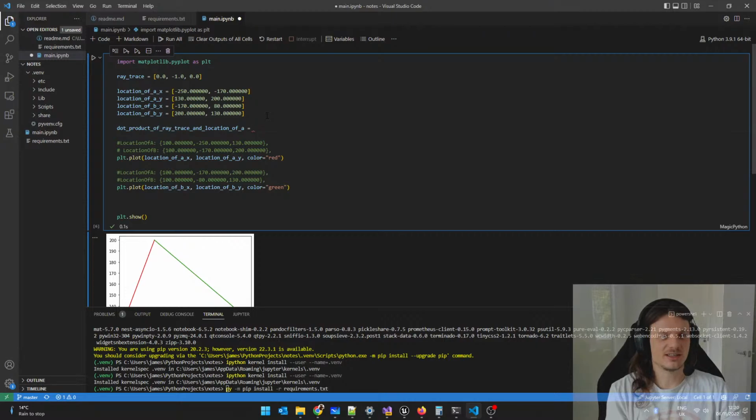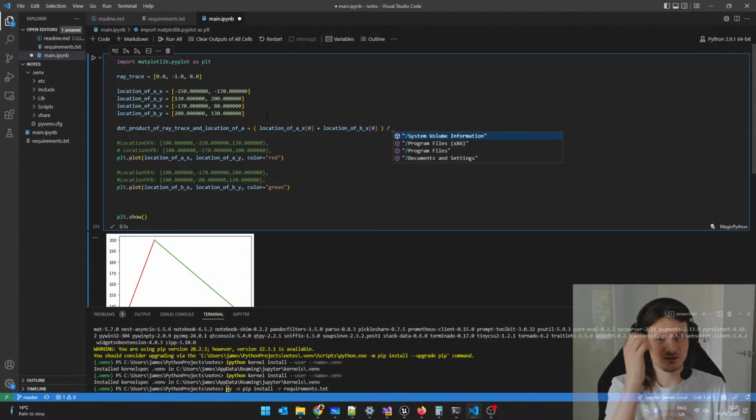So in that case, it's gonna be minus 250 or location of AX 0 plus location of BX 0, and it's all of that divided by, so that's the dot product.